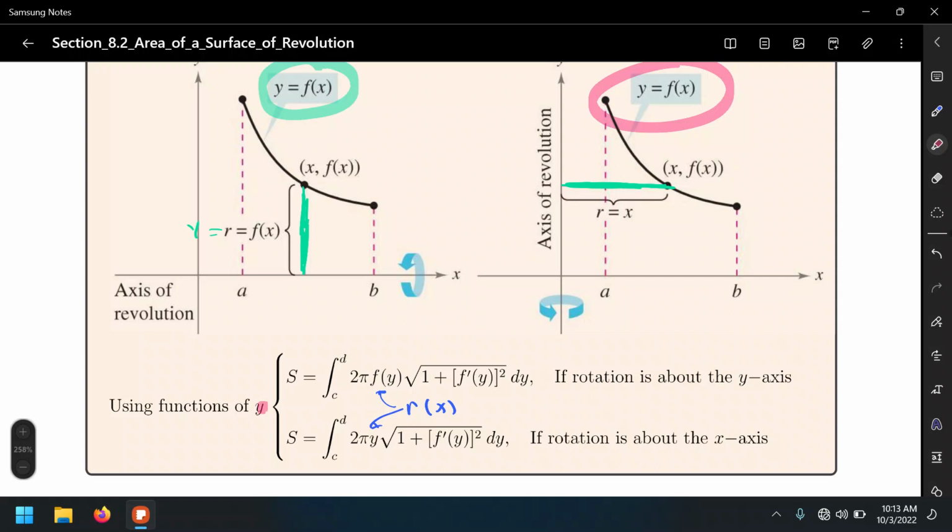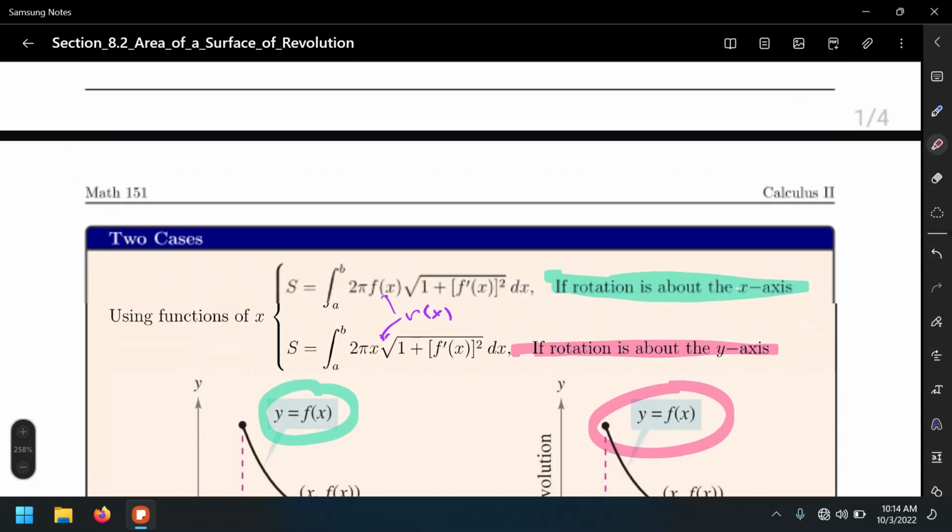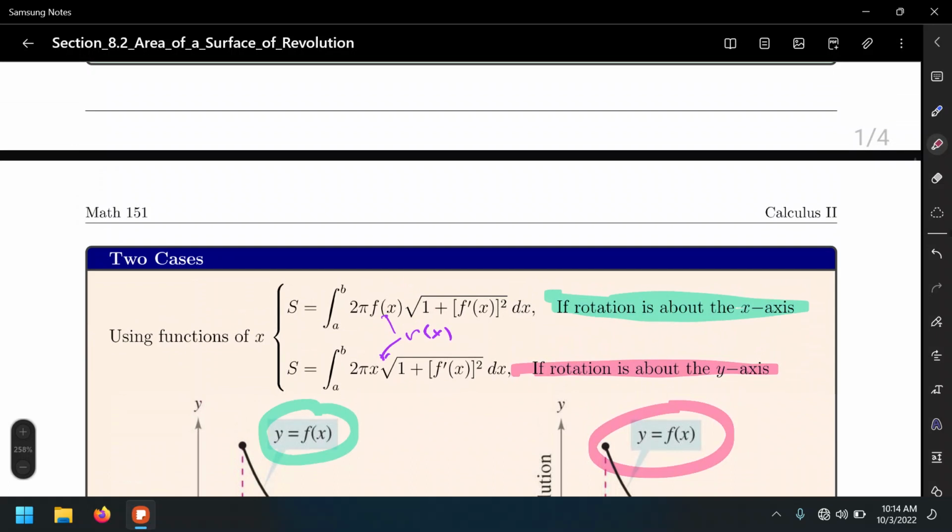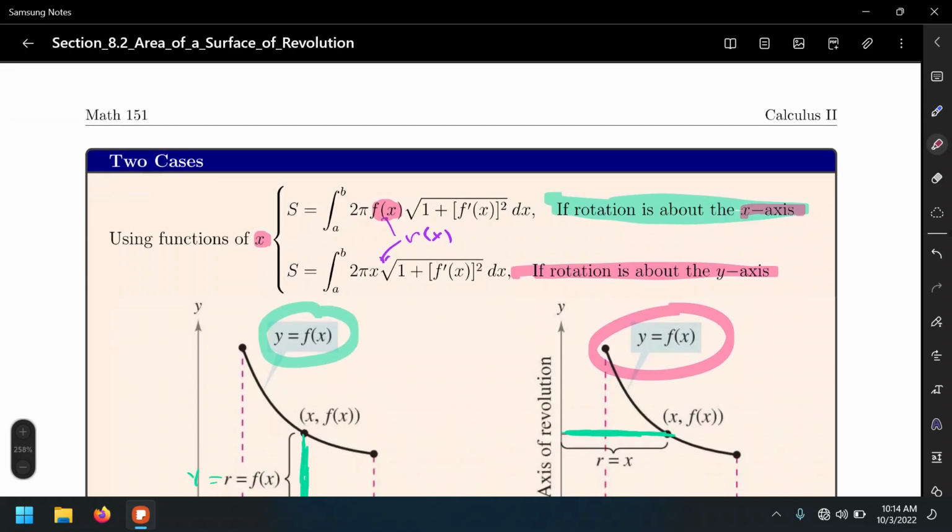When we're using functions of y rotating about the y-axis, it's always that the radius is the function. So let's compare that with the functions of x. Using functions of x about the x-axis, it's f of x. Otherwise it's just x or y depending on the function. So I guess the best way to get this done is, how about we look at some examples.